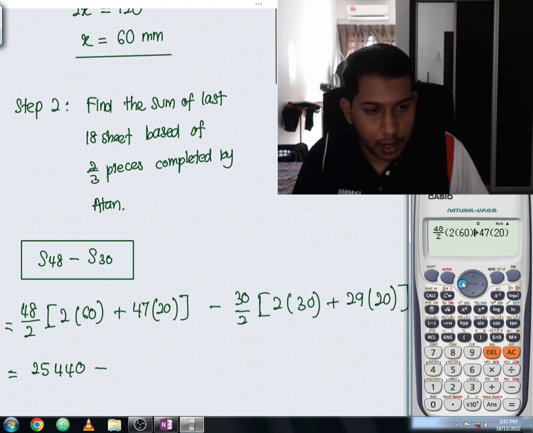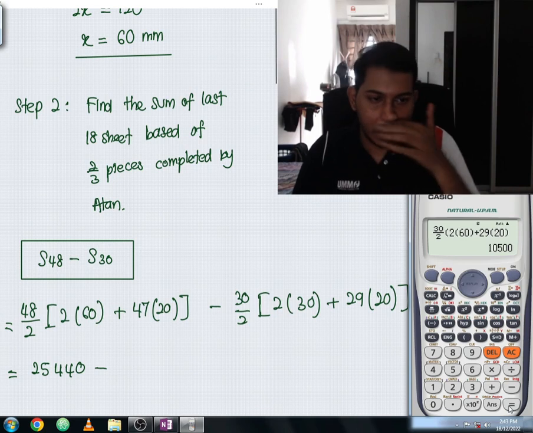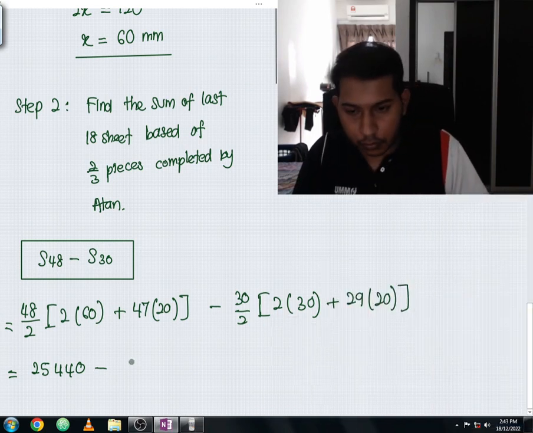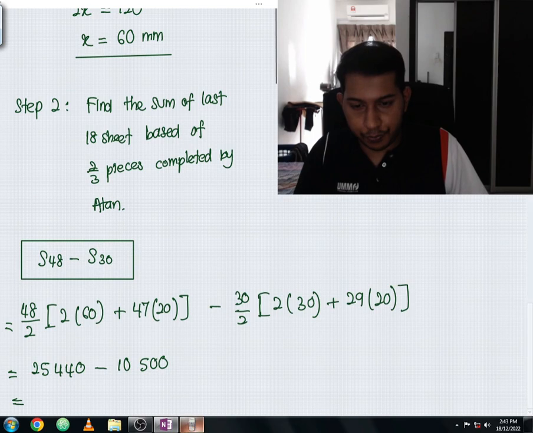What I'm going to do is, instead of 48, I'm going to change it to 30. Since our n is 30, in this case n minus 1 will be 29. In this case you get 10,500.